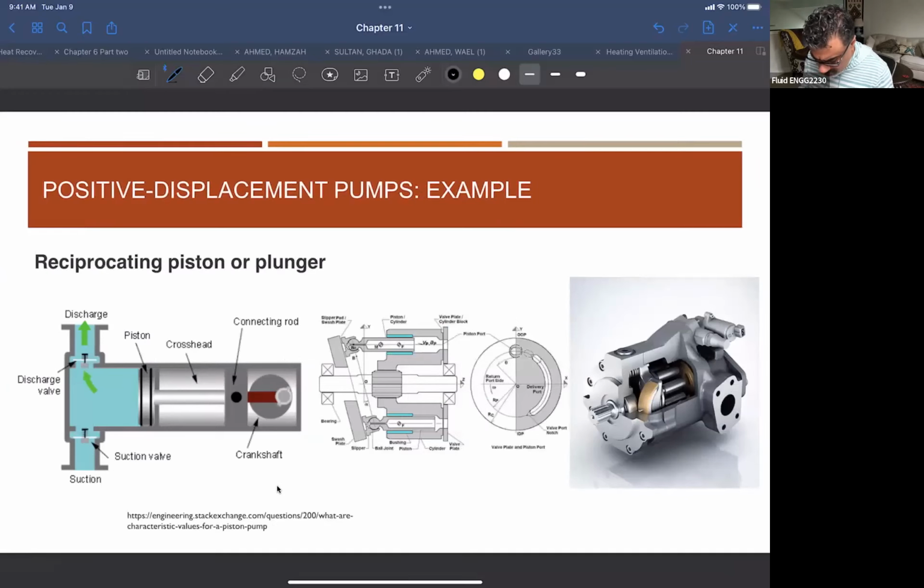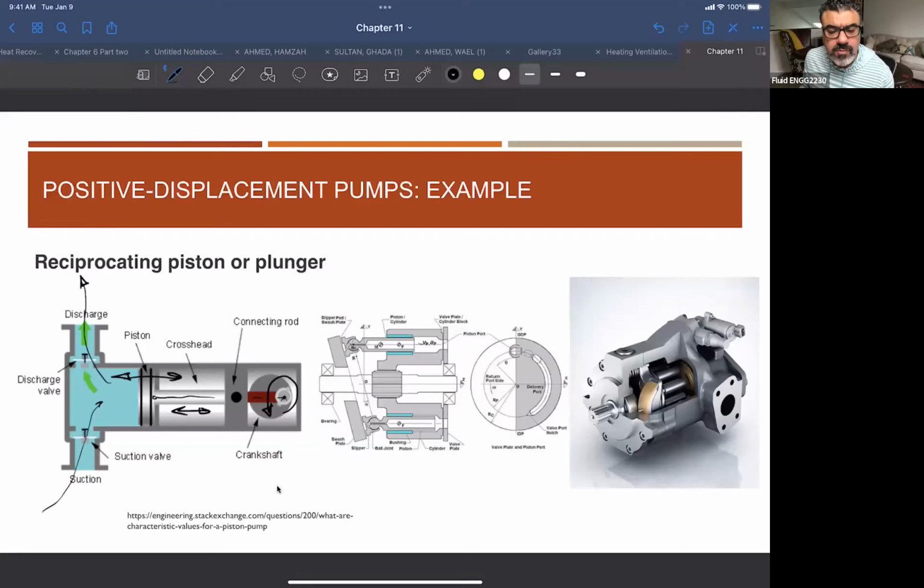As I mentioned here, many devices, for example, this kind of piston cylinder device. As this crank is rotating, I hope you have taken some of these in your dynamics or mechanics course, you can create linear motion of this piston by connecting rods and the crankshaft. As long as this keeps rotating, the piston will go up and down, or left and right, in order to make the suction effect and the delivery effect.